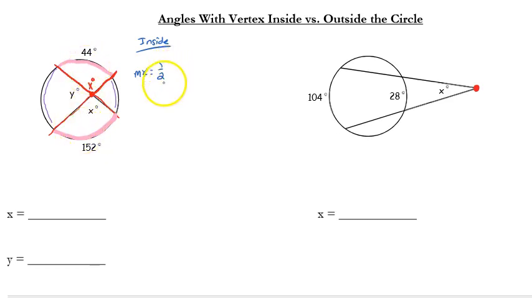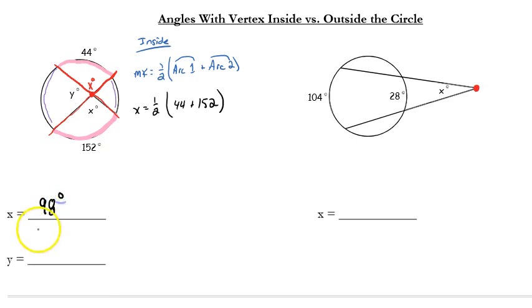So it's exactly 1/2 of the sum of the intercepted arcs, arc 1 plus arc 2. It has to be the two arcs that are intercepted by that angle. Which means in this example, x is half of 44 plus 152. That makes x 98 degrees.